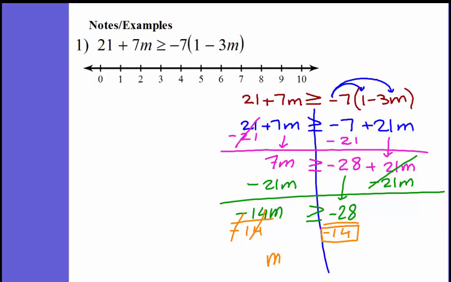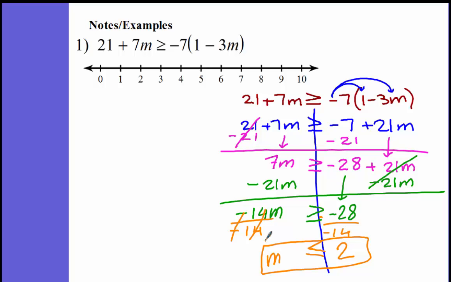So since I'm dividing by a negative 14, this symbol right here flips around. That's the rule. Whenever you divide or multiply by a negative number, it flips around. That's the only difference between solving an inequality and solving an equation.